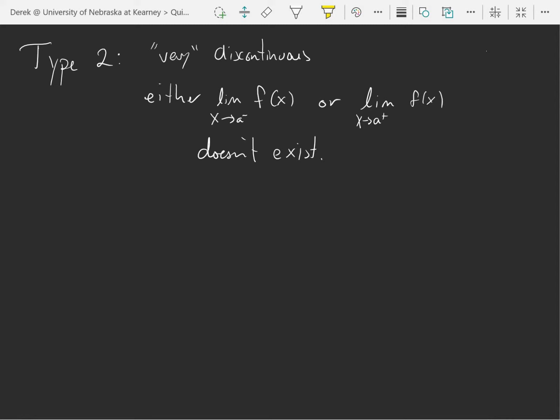So let's do a simple example. Say f of x equals x if x is rational. I think we've seen this function before. And 0 if x is not rational.